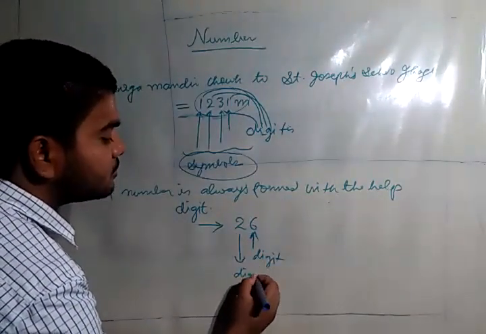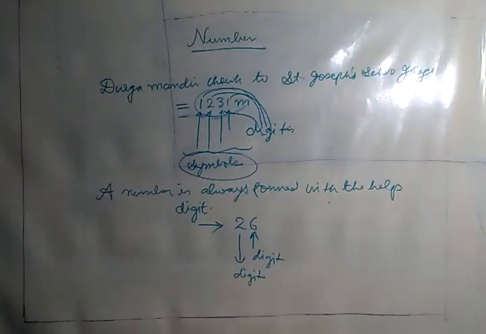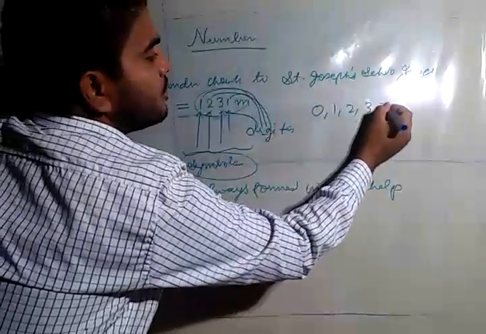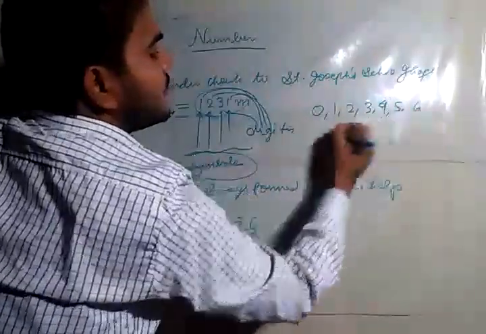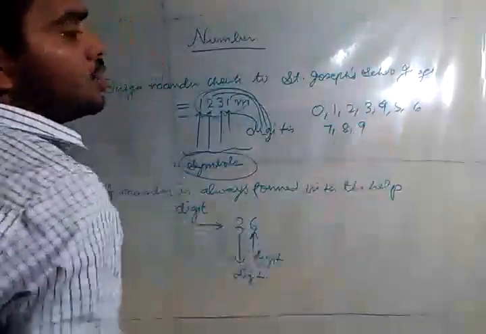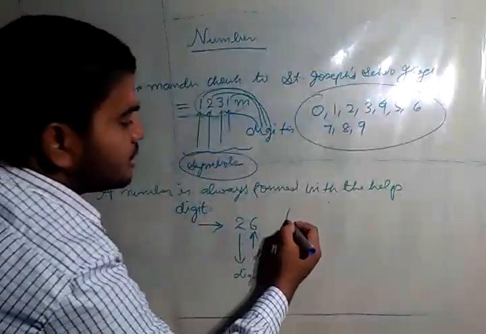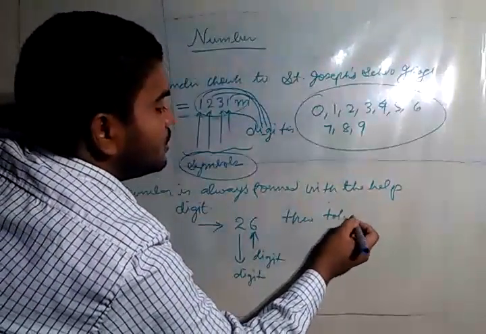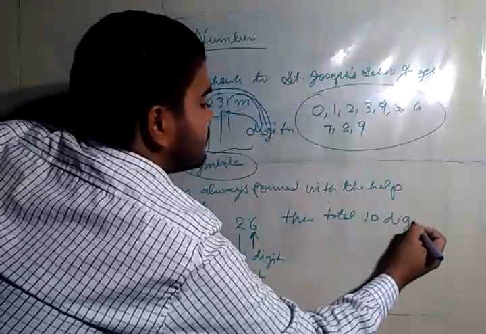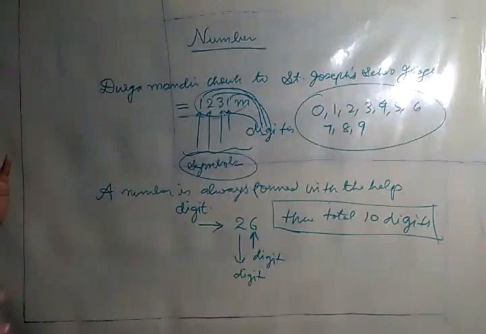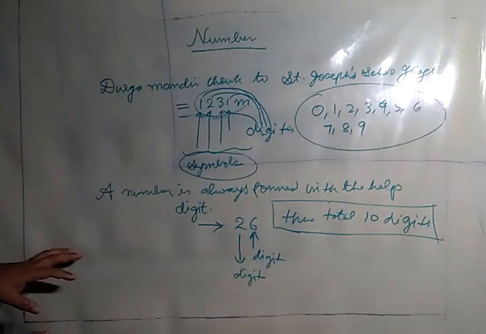This is another digit. So in the Indian system, or in our numerical forms, how many digits do we actually have? We have digits called 0, 1, 2, 3, 4, 5, 6, 7, 8, 9. Total how many digits are there? There are a total of 10 digits to represent the infinite set of numbers.